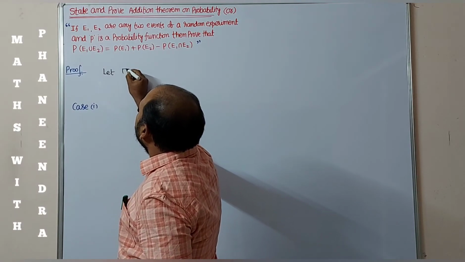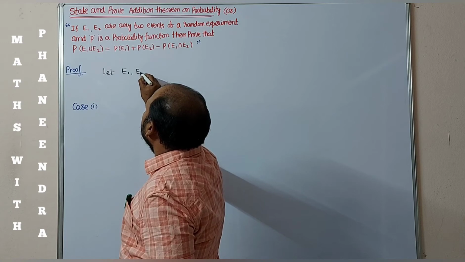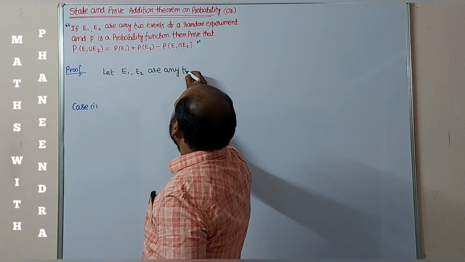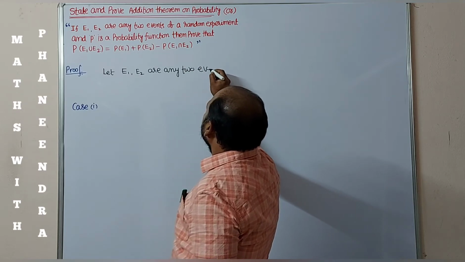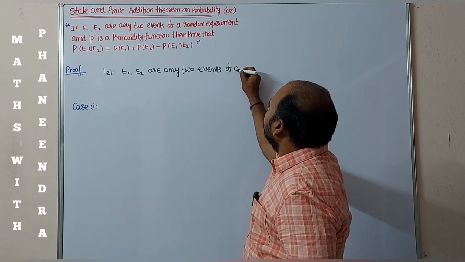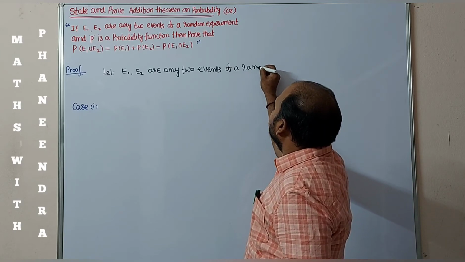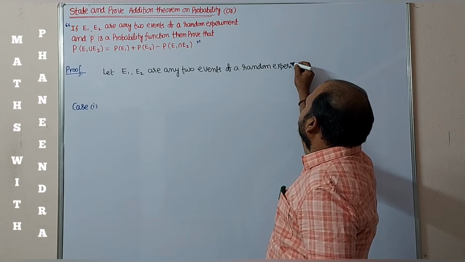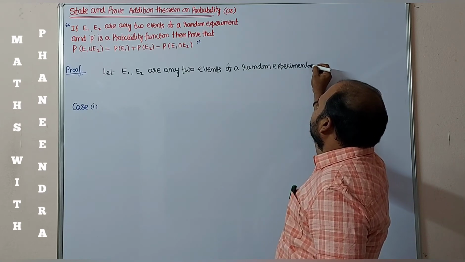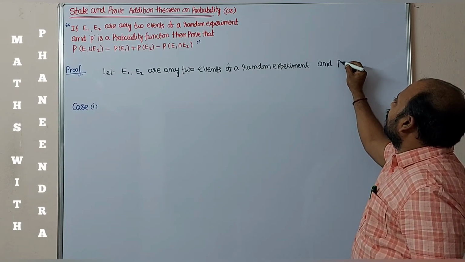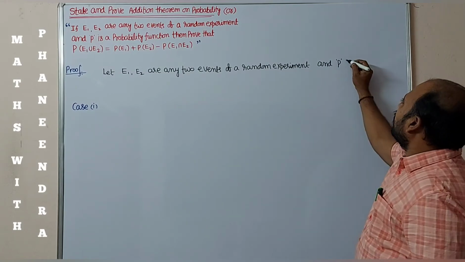Let E1, E2 be any two events of a random experiment and capital P is a probability function.